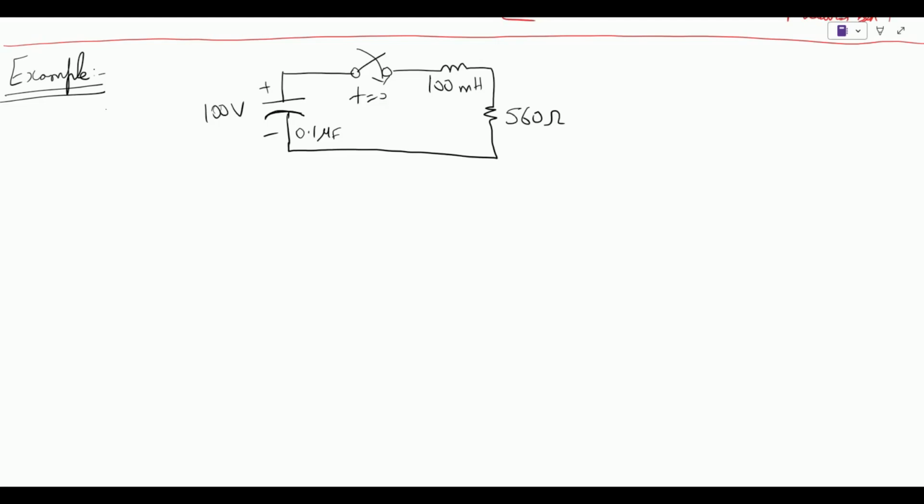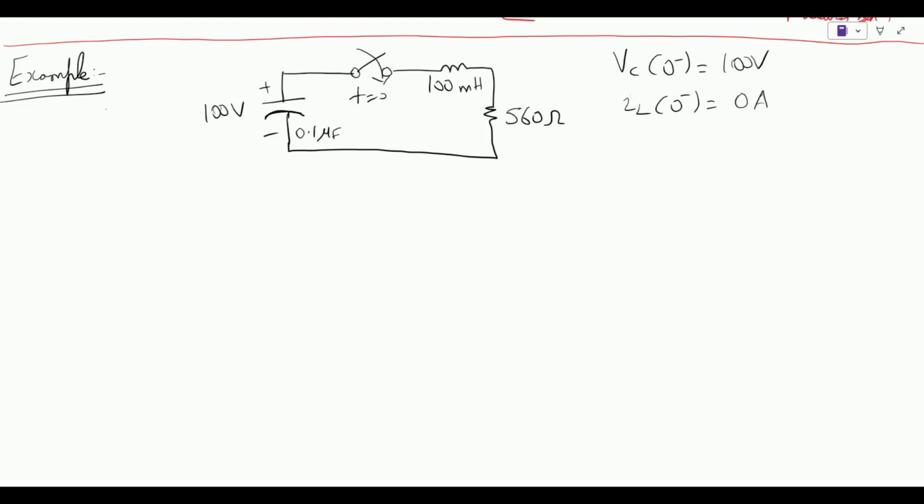So the 0.1 microfarad capacitor is charged through this 100 volt source, and at time equal to 0, the capacitor is going to discharge energy through the resistor and the inductor circuit elements. So what we can say is that initially the voltage at the capacitor is going to be 100 volts, and the initial inductor current given is 0 amps.